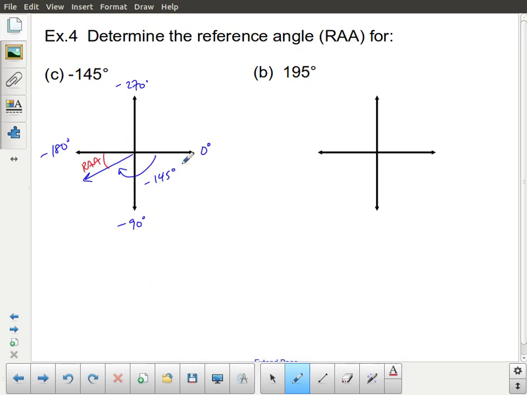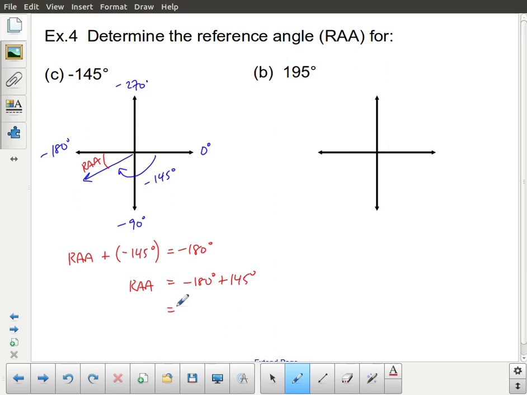Now this is where things can start to get complicated, because remember, the related acute angle is supposed to be positive. So you might do this. The related acute angle plus negative 145 degrees is equal to negative 180 degrees, which means the related acute angle is equal to negative 180 degrees plus 145 degrees.